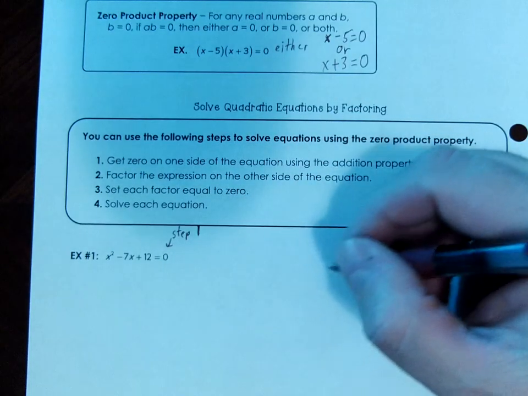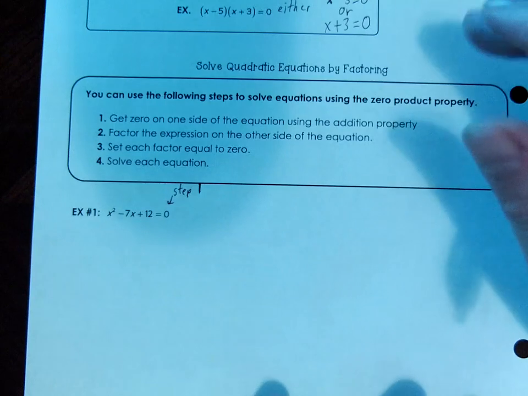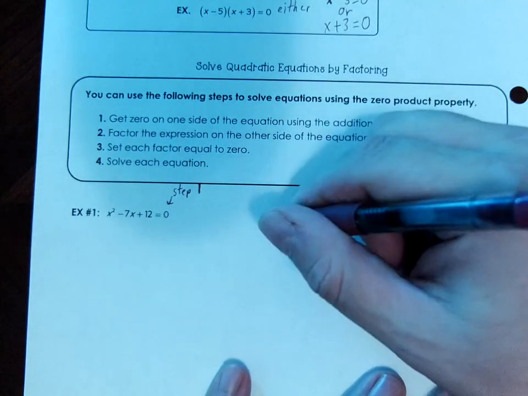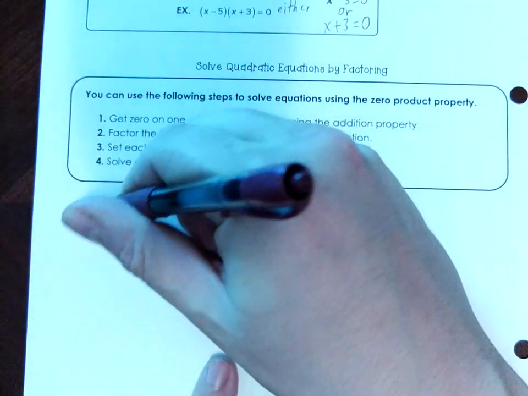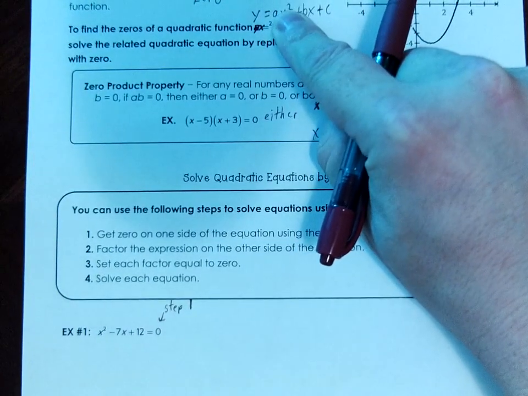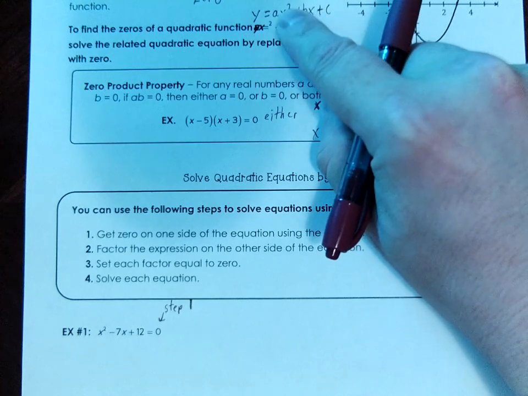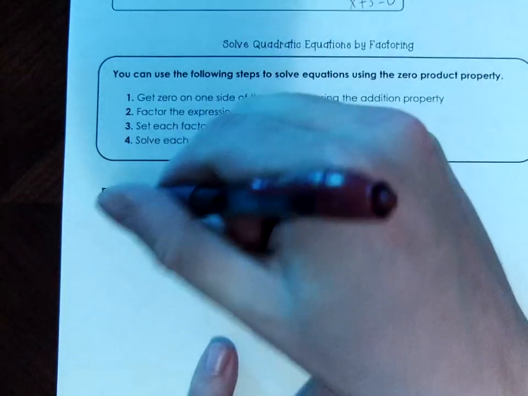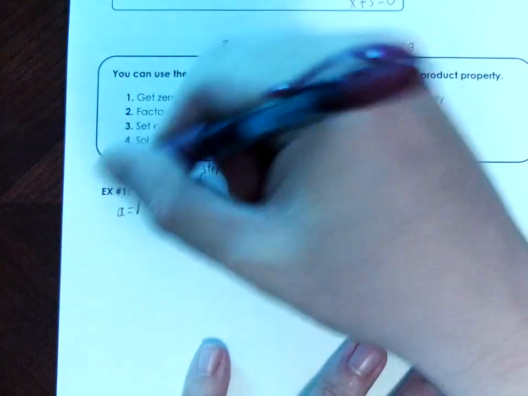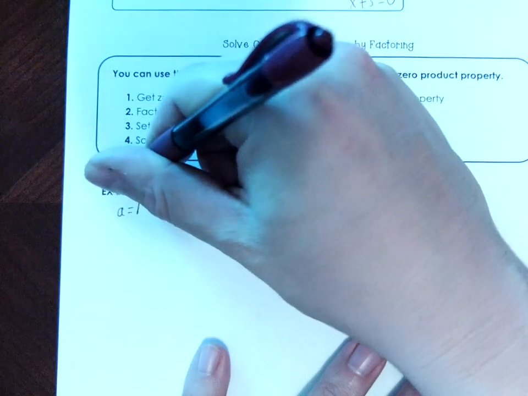There are many different methods to factor. There's not one particular always-correct method of factoring. Every method pretty much starts off by identifying the coefficients a, b, and c: the squared coefficient, the linear coefficient, and the constant. So a is equal to 1 in this case.